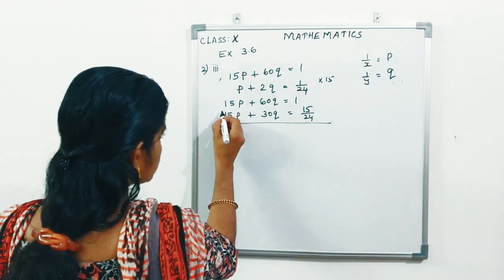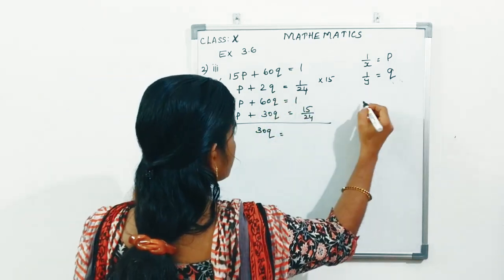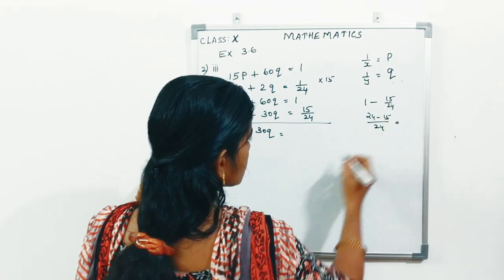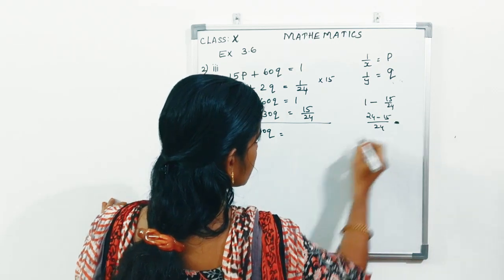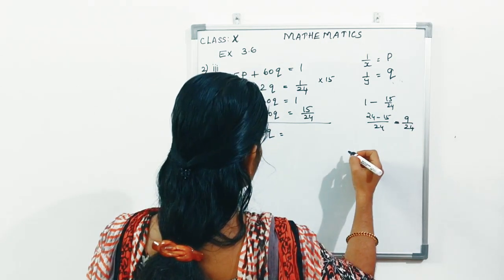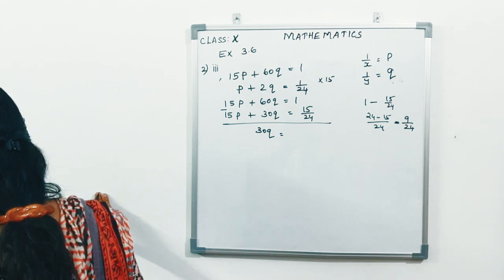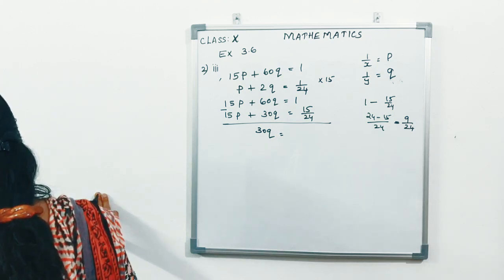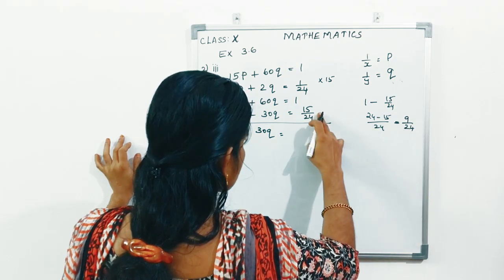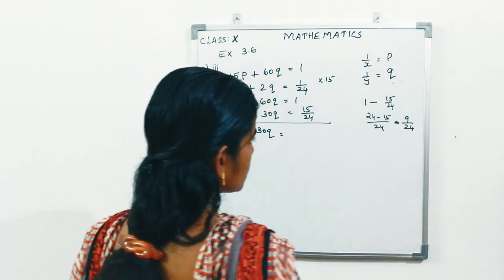Then, same coefficient with the same sign, so subtracting, you will get 30q is equal to 1 minus 15 by 24, that is 24 minus 15 by 24, which is 9 by 24.